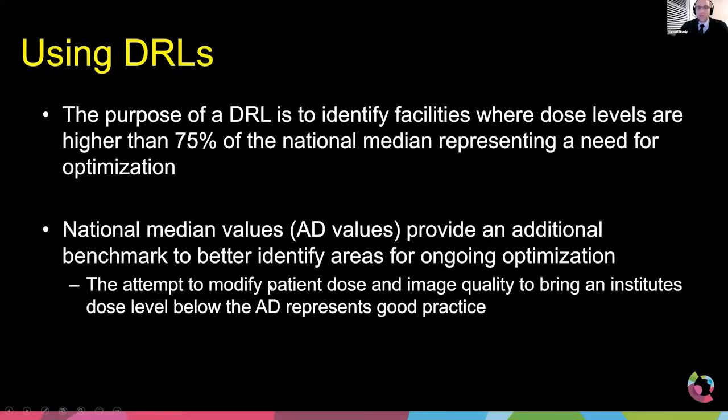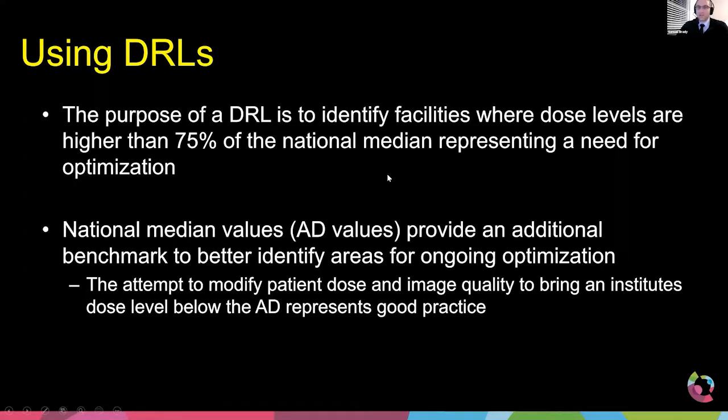The attempt to modify patient dose and image quality to bring an institute's dose levels below the AD represents a good practice. So the ICRP 135 indicates the 75th percentile is one value, the 50th percentile or the AD is another value, and that the ultimate goal of getting below the 50th percentile is potentially a good practice.